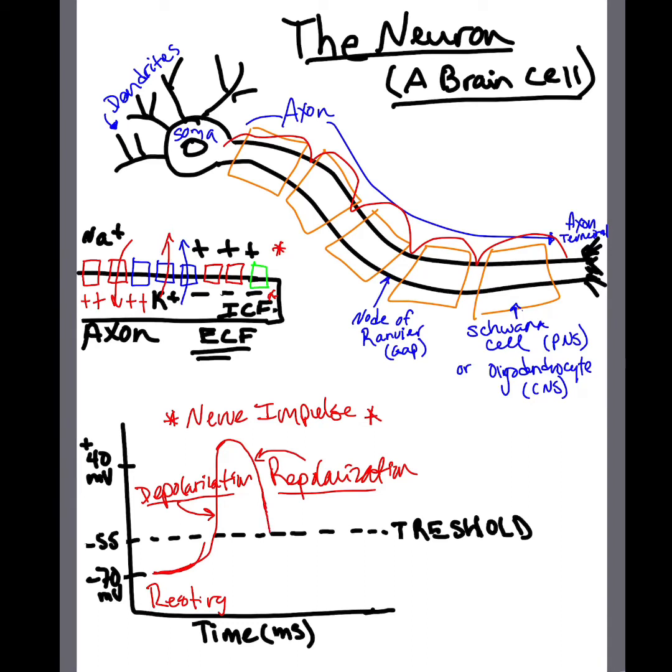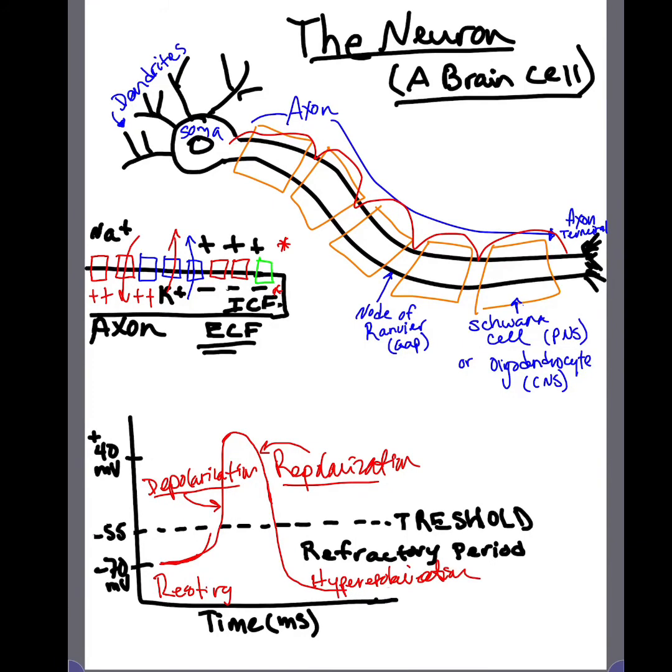So this causes something called a hyperpolarization, which means that now it's going to get even more negative than before. At this point of hyperpolarization, the cell cannot undergo another nerve impulse because it's said to be in a refractory period.